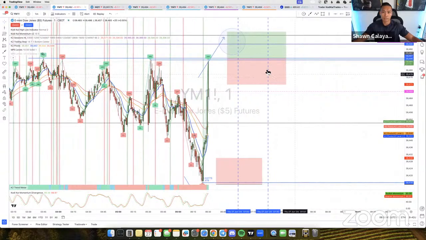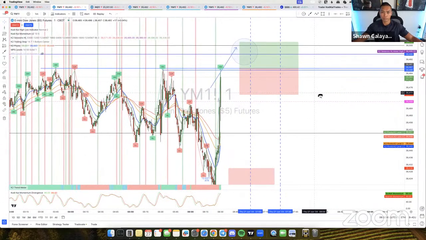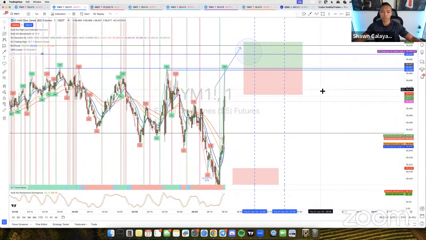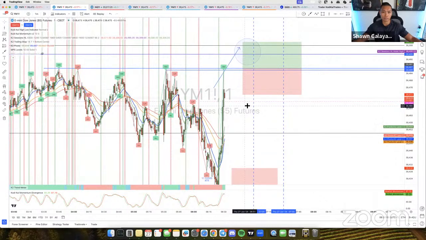So price is hitting that first level of liquidity right there. Let's see if I'll find a continuation further. It barely got right below it, so I'm going to see how this next candle opens up. If we get a wick to the bottom side and it swings right back up and turns green, then I'll take a trade here for a buy. If not, I'll look for the swing back to the downside.